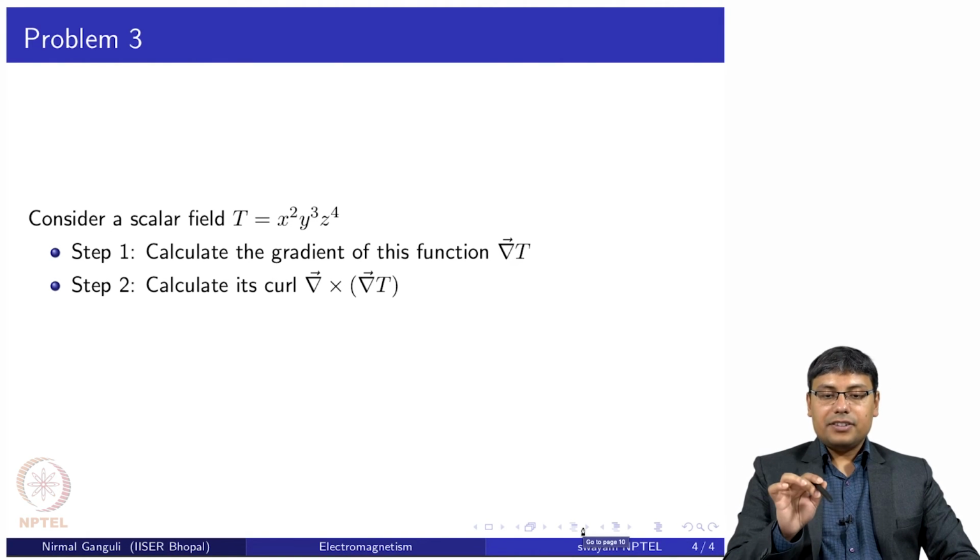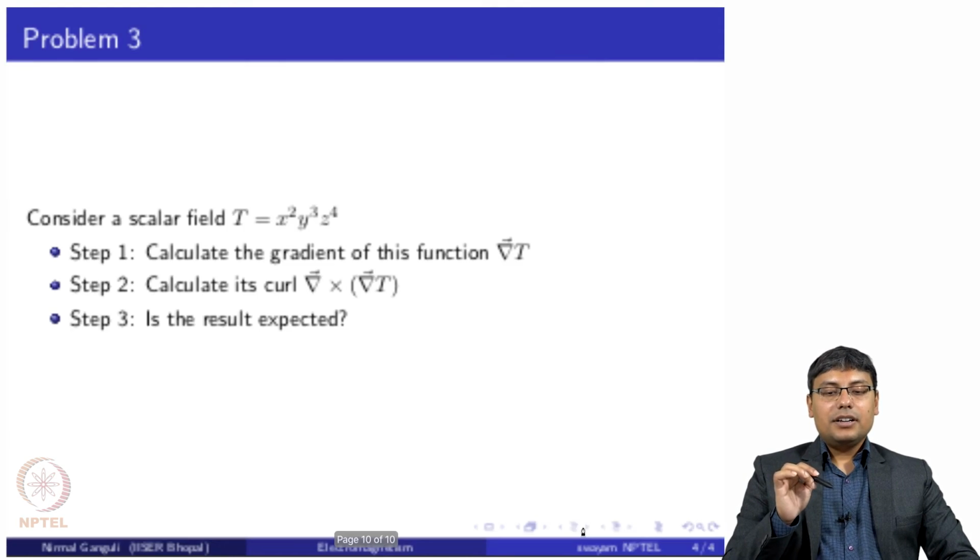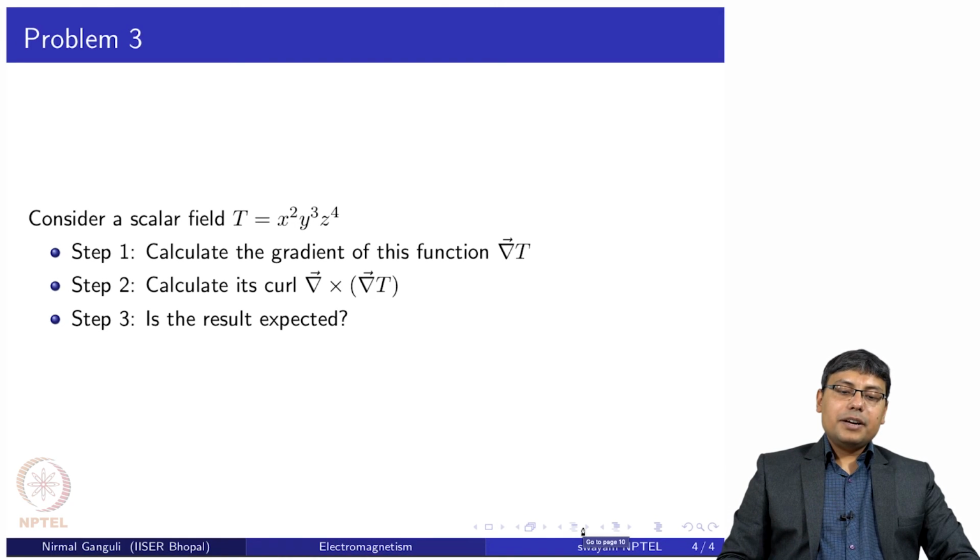We have a scalar function; if we calculate its gradient, we are going to have a vector at hand, and in the second step you are supposed to calculate the curl of that vector quantity. Then the third step is to see whether the result of this curl was expected. Did you expect this kind of a result?